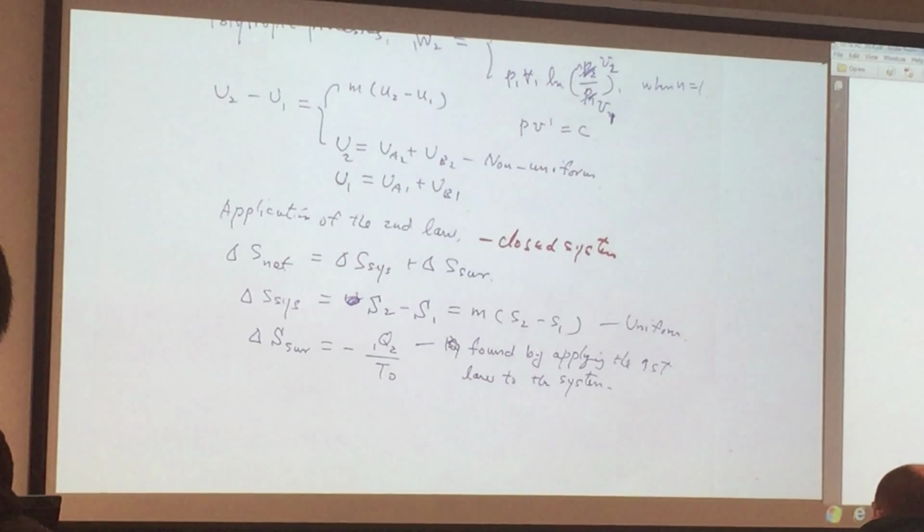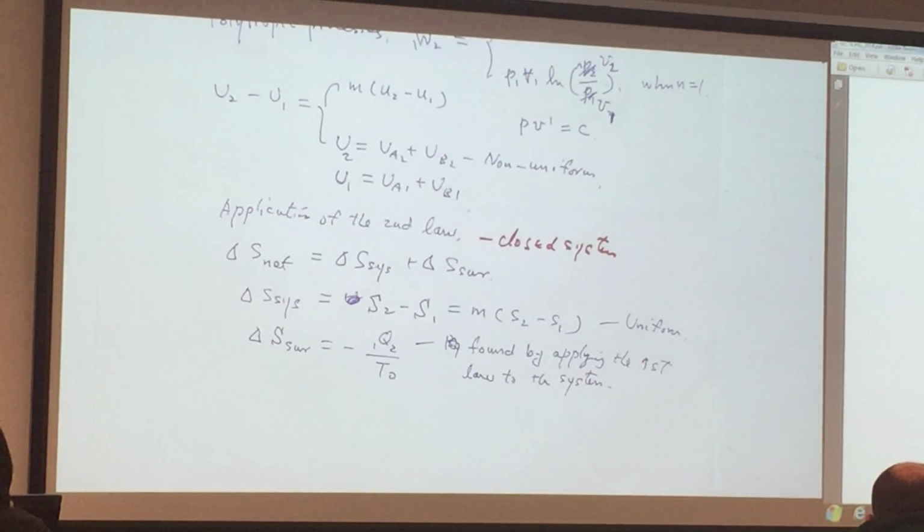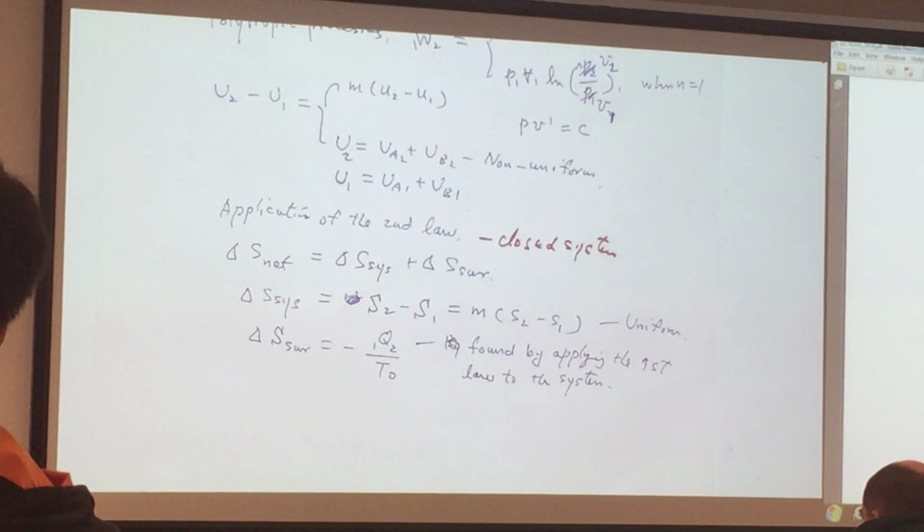Application of the second law to closed systems. I shouldn't repeat why, for this system, the heat transfer is equal to the enthalpy change. As I mentioned, enthalpy change is quite often associated with moving boundary, with work transfer. That's why in the first law energy equation, some of the terms have internal energy change, and other terms enthalpy change.